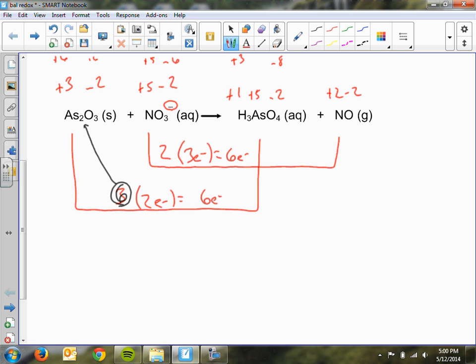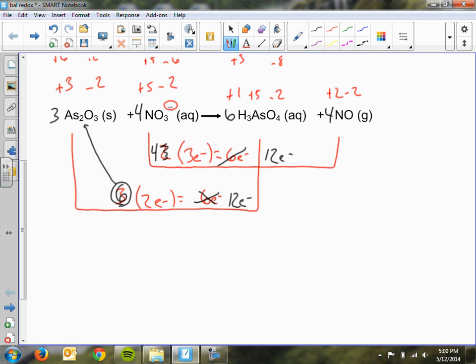So if I have 6 As, that's really 12 electrons. 6 times 2 is 12. To get 12 electrons here, instead of 2, I would really have to have 4. So I'm going to put a 3 here, because 3 times 2 gives me 6 As. I'm going to put a 6 there. I need to put a 4 here for nitrogen and a 4 there.